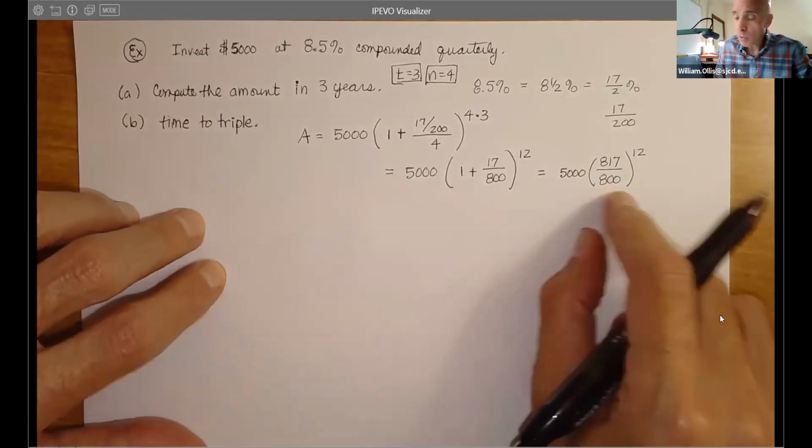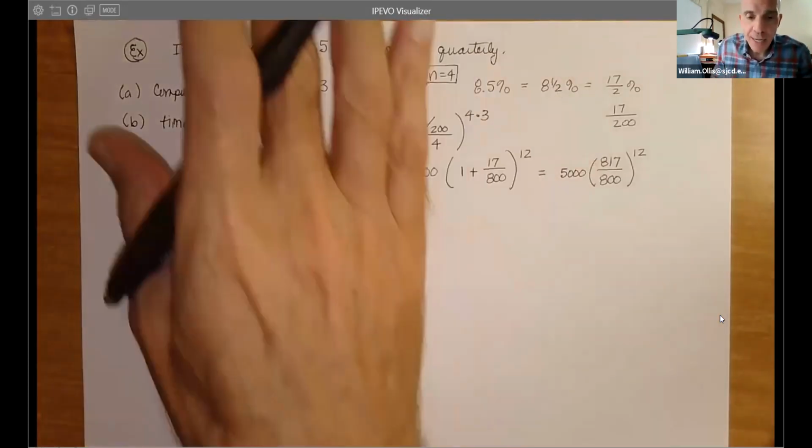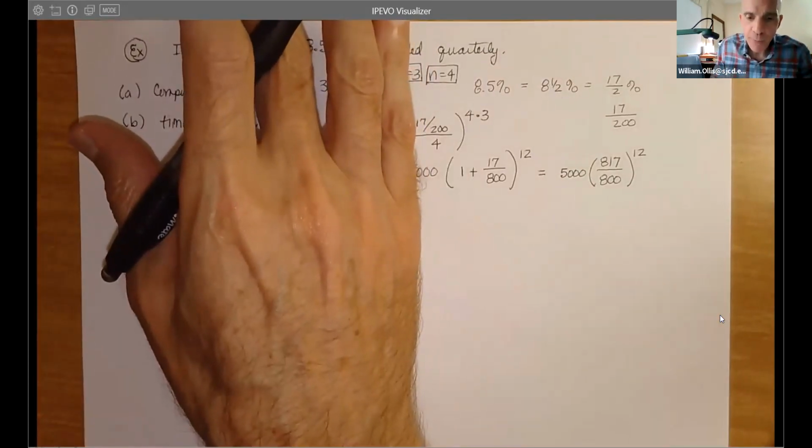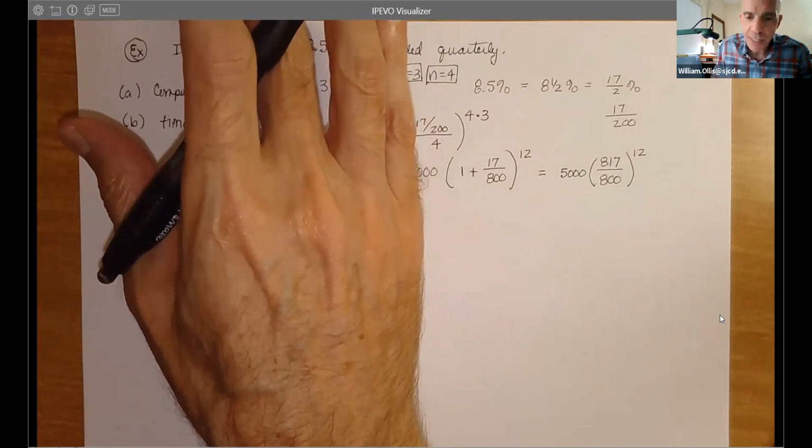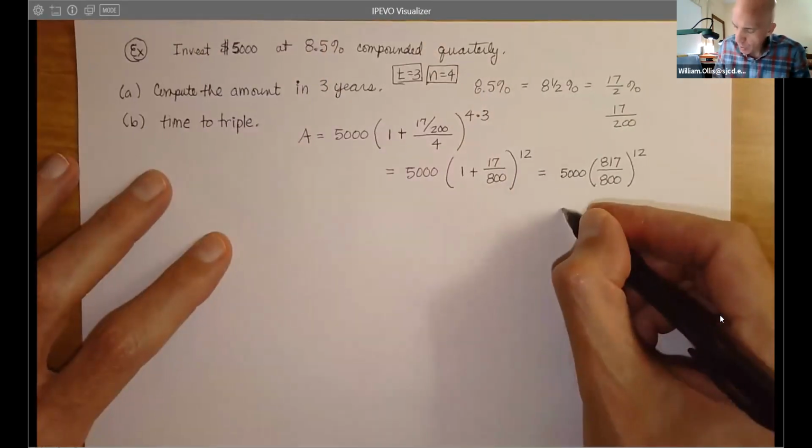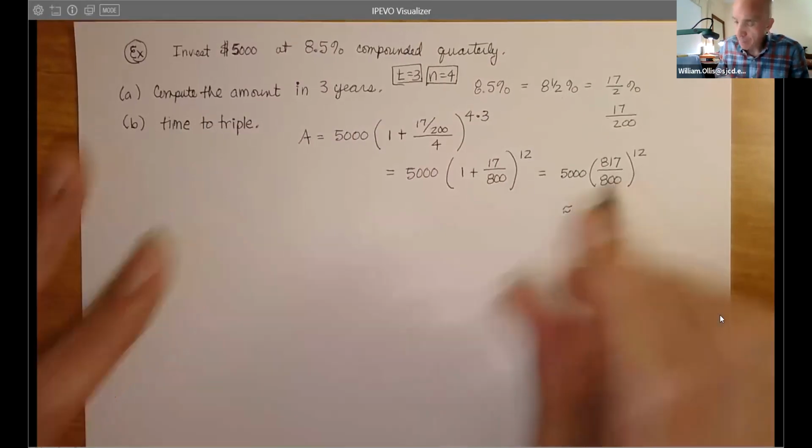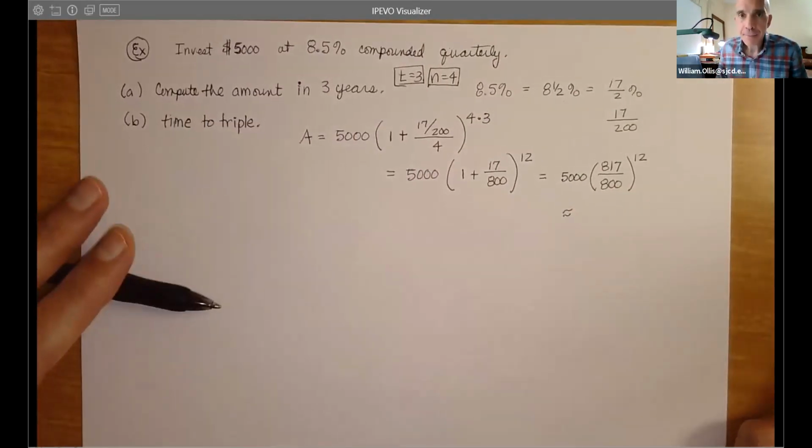Now, we think, okay, well, what does WebAssign say? If I read here, it says that WebAssign wants to the nearest cent. So with the Google calculator, let's clear this out.